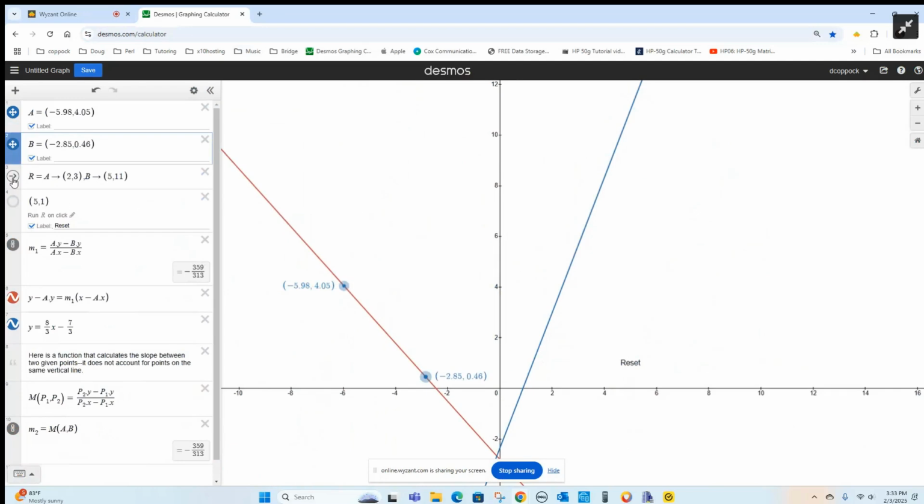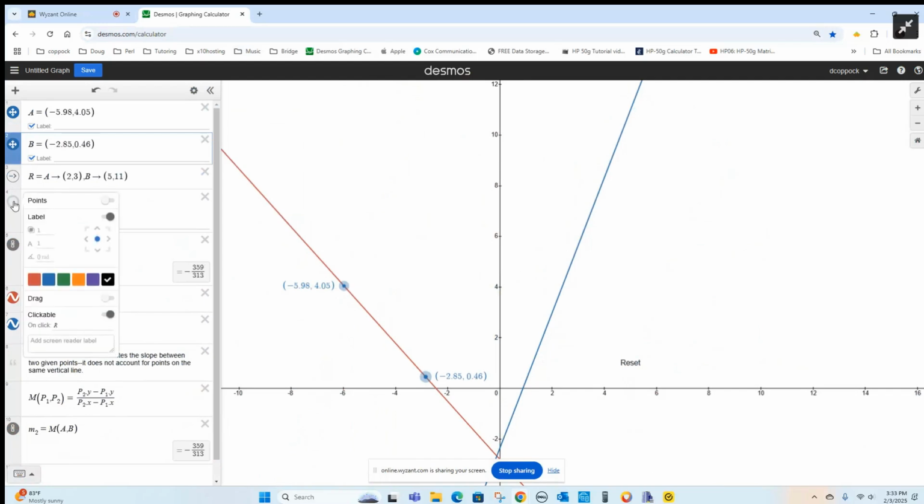And this line right here, line 3, this A with an arrow pointing to (2, 3), comma B pointing to (5, 11) is what we call an action. And I'm labeling those two actions with the letter R. And this point right here, (5, 1), says run R on click.